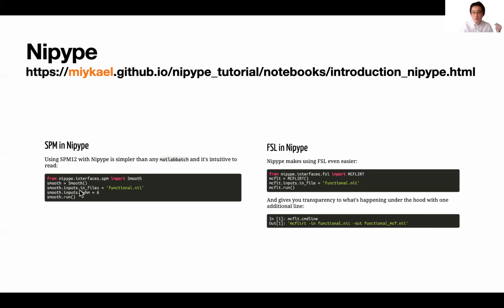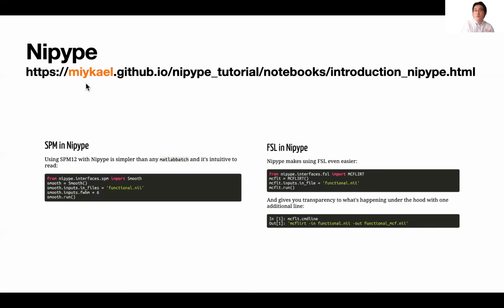Smooth dot inputs dot in_files, you don't know what that is. But now you understand: in a smooth object, there's an inputs variable in it, but there's a dot that represents another object inside, and dot in_files. So you have this imaginable structure in your head, okay?